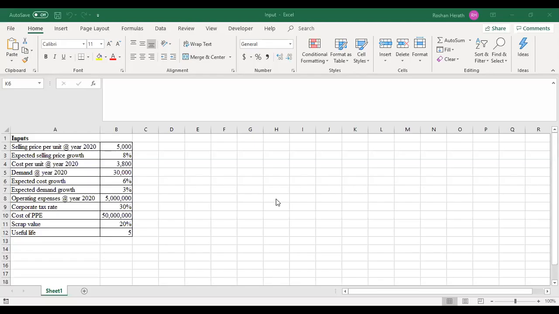Here, as far as the input is concerned, we are taking that in a separate workbook. Most of the time, depending on the size of the models and the security required, this particular layout may come in handy, especially for security concerns.